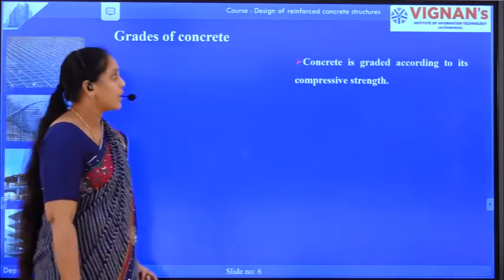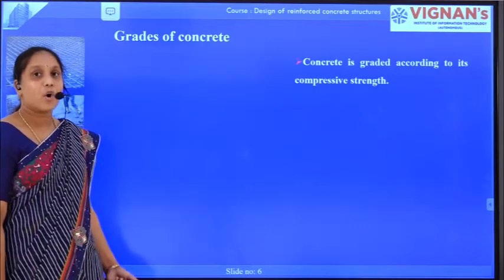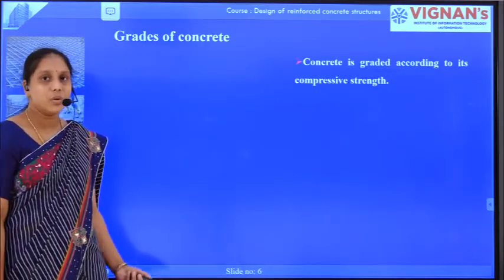Concrete is generally graded according to its characteristic compressive strength.